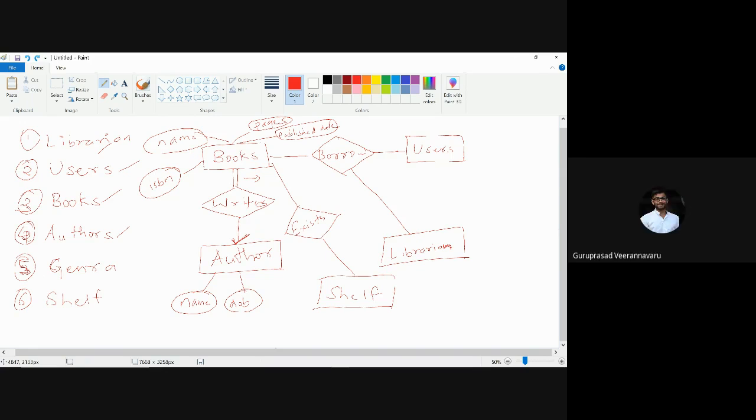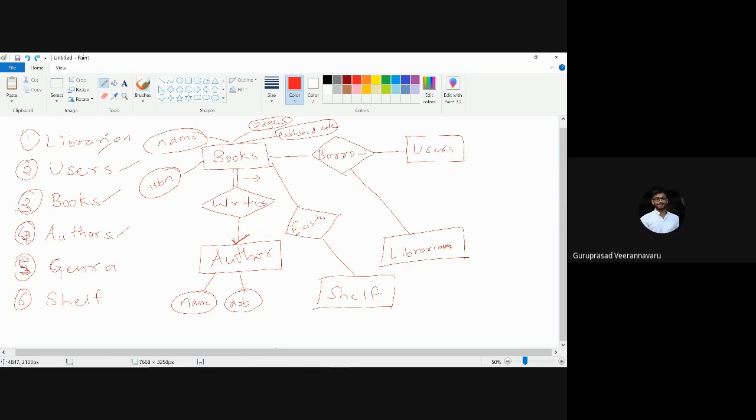Shelf is like this. Shelf means where books are kept, like a cupboard. That is a shelf, it's not some person. Okay, books will exist on a particular shelf.